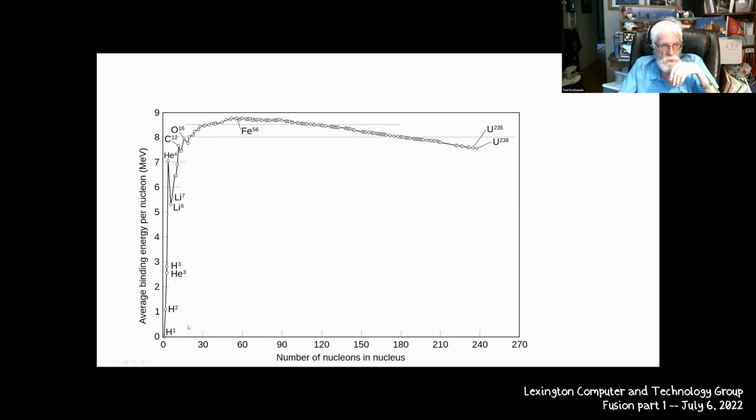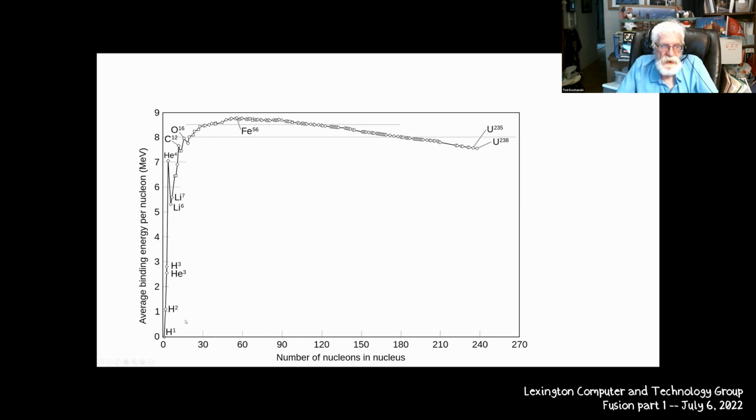That's down here in this lower corner. There is one in the form of protium, or common hydrogen. There's one nucleon in the nucleus. It's a proton, and it has a very low binding energy, obviously, because there's nothing to bind to.